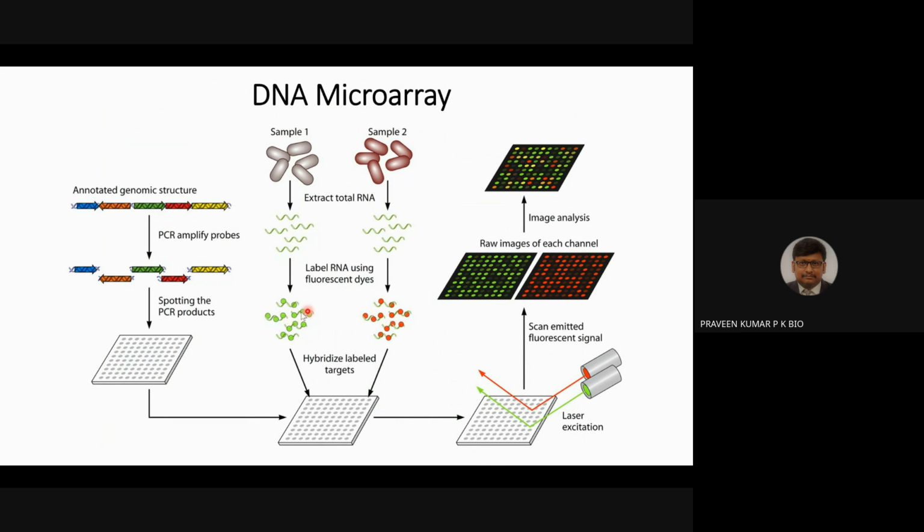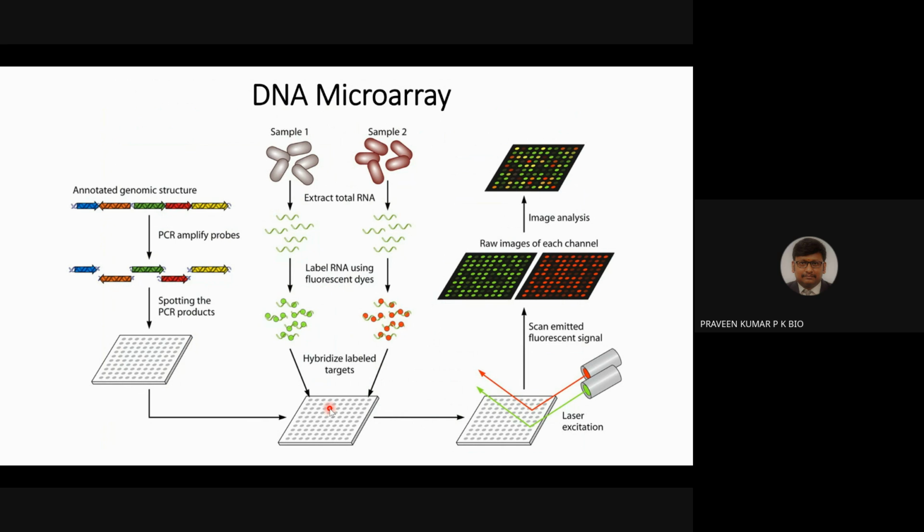If you label with Cy3 and Cy5, then obviously you get two different cDNAs tagged with fluorescent probes. Whatever you have, you mix together, and we go for the hybridization protocol.